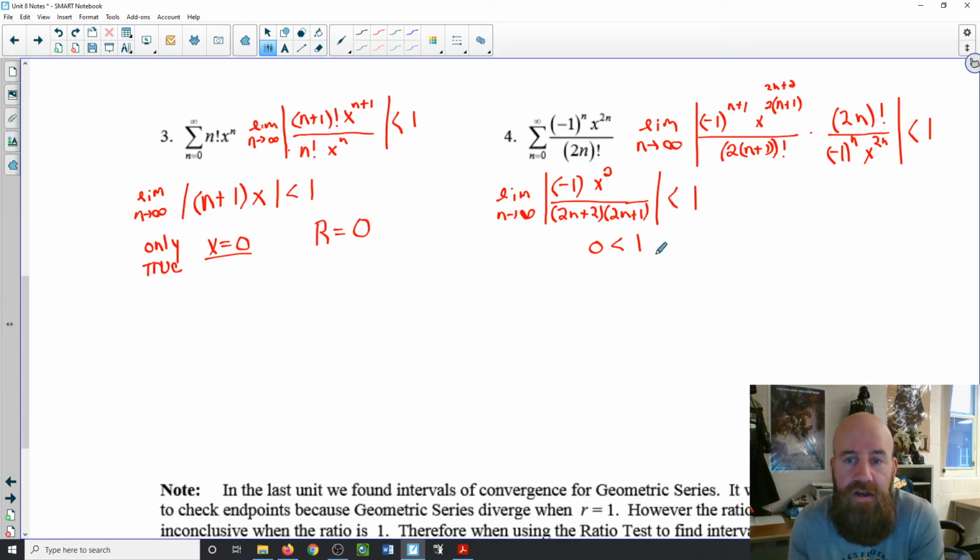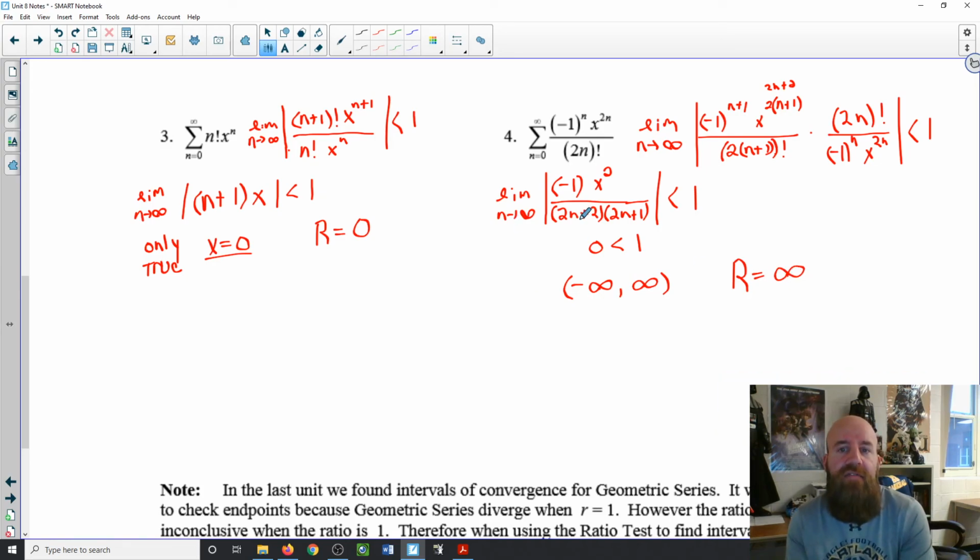It's always going to converge. So we can say the interval of convergence is infinite: negative infinity to positive infinity. We always put parentheses around infinity because you can't equal infinity.